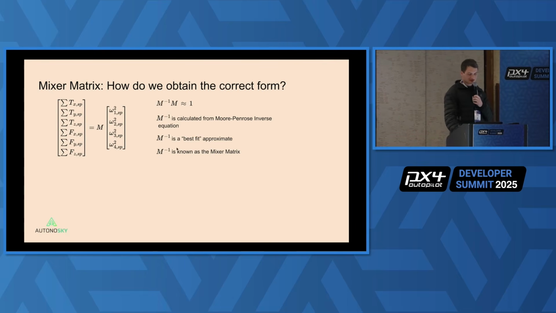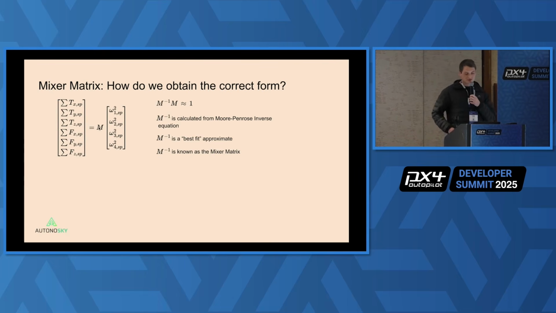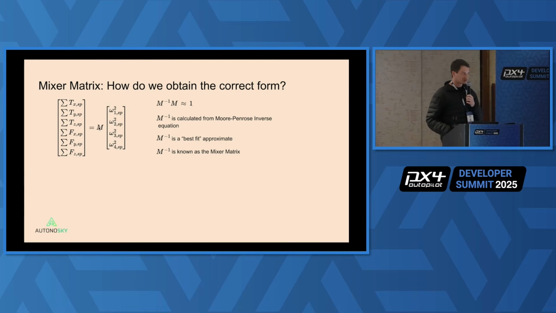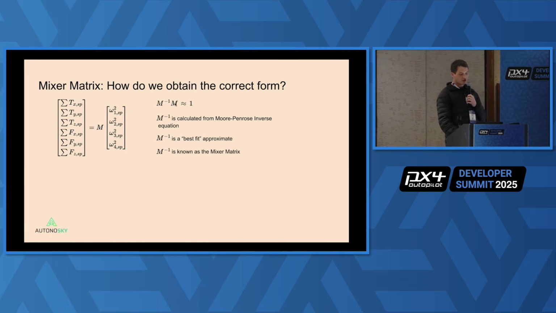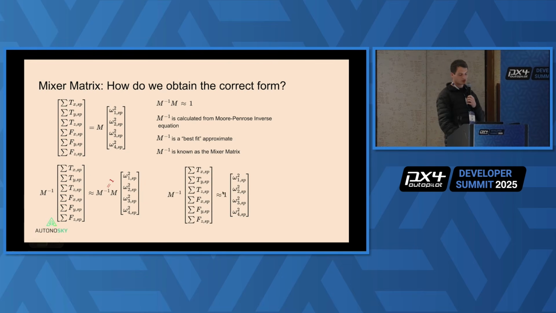What PX4 then does is it calculates the inverse matrix of the control effectiveness matrix, which is then known as your mixer matrix, and it has this property that when you multiply them with each other, you roughly equal 1. So we can then multiply this inverse matrix on both sides, realize that it roughly equals 1, and then we obtain the form that we want.